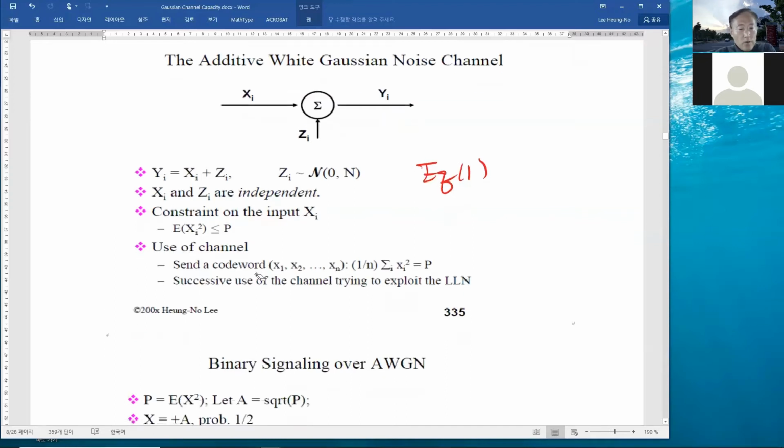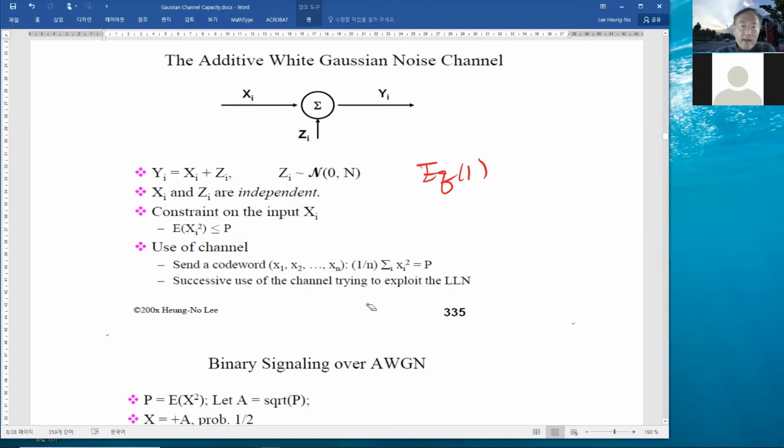So use of the channel is basically you use this channel n times, and when you do that, the sample power of your codeword is less than or equal to P. But there is no reason that you would use a smaller power than P. That's the maximum power that is allowed, so you should use maximum power, with successive use of the channel trying to exploit the law of large numbers.